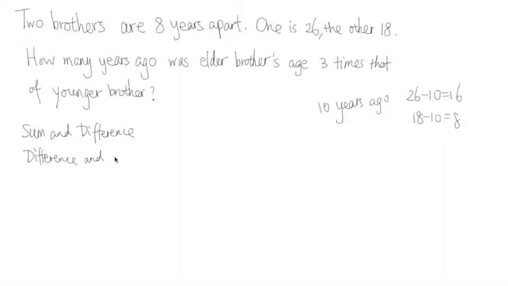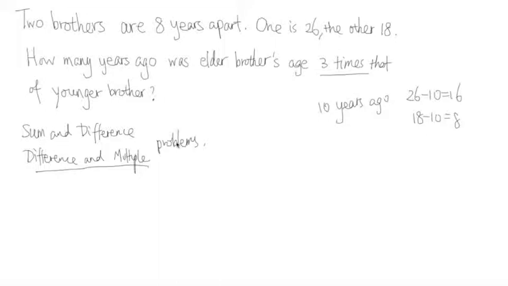And we discussed these types of problems in other videos. And in this case, if you look at the statement, there's a phrase that stands out: 3 times. And 3 times is a multiple problem. So this actually can be translated into a difference and multiple problem.